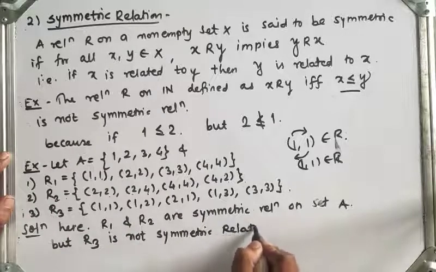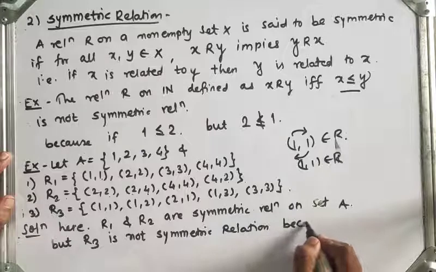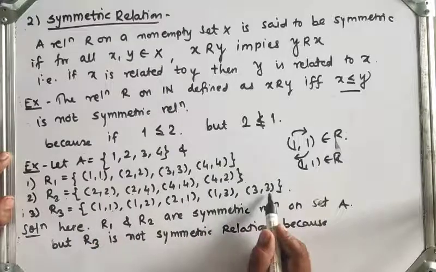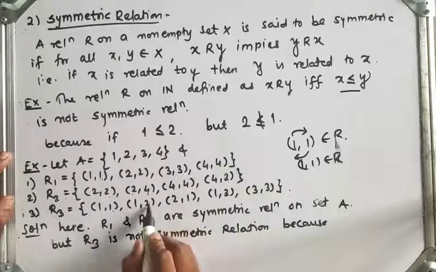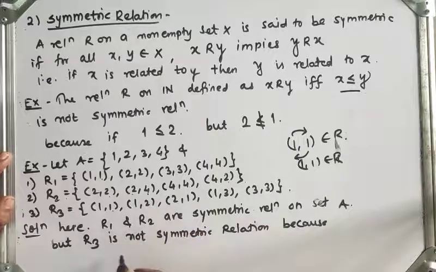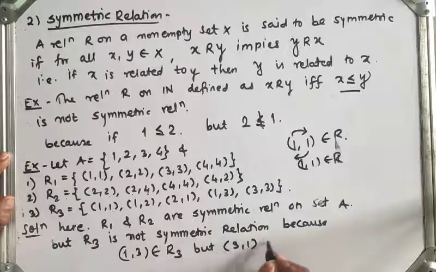because here (1,1) belongs to R3, (3,3) belongs to R3, and (1,2) belongs to R3 and (2,1) belongs to R3 here, but (1,3) belongs to R3 while its counterpart (3,1) does not belong to R3, therefore this relation is not symmetric.